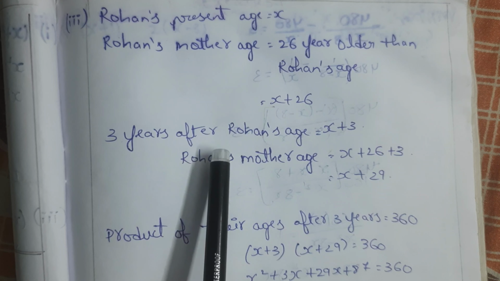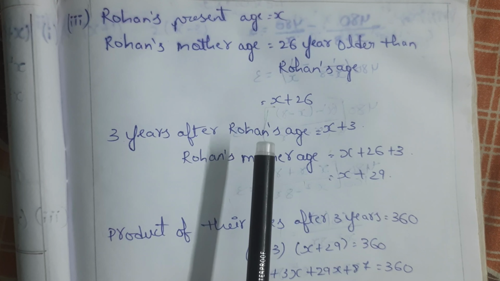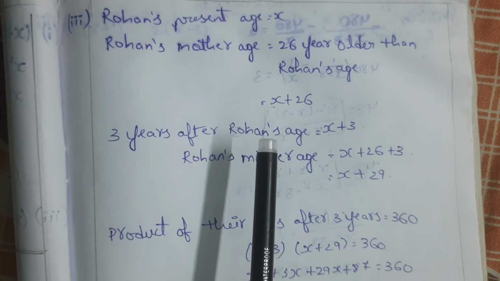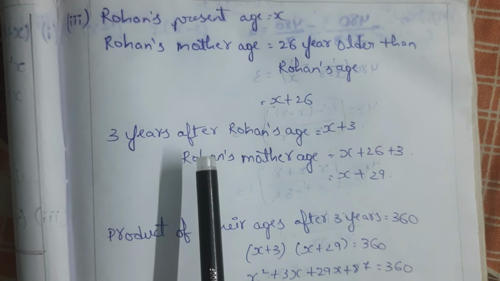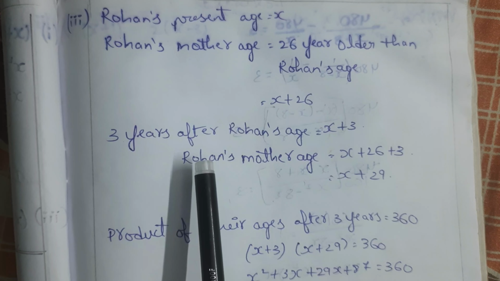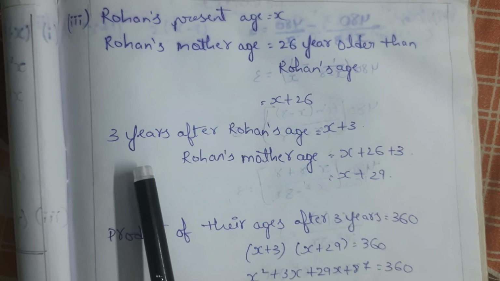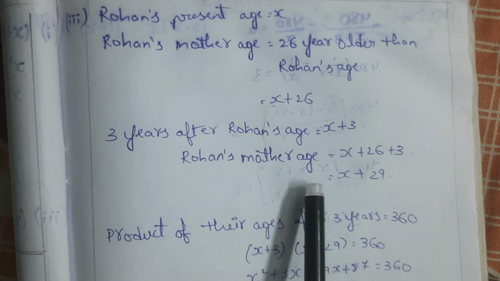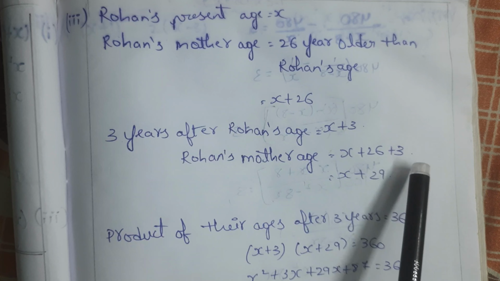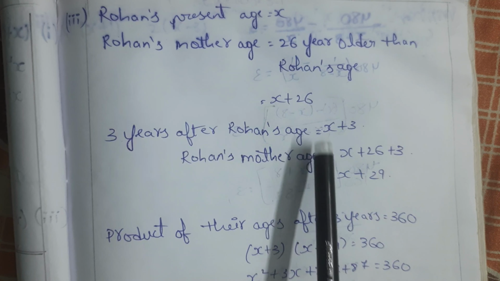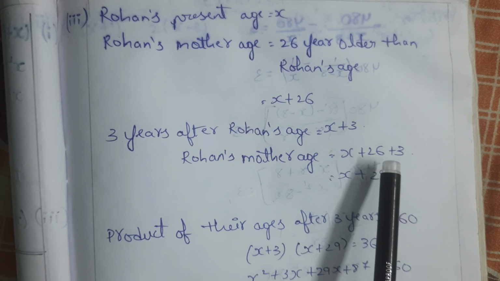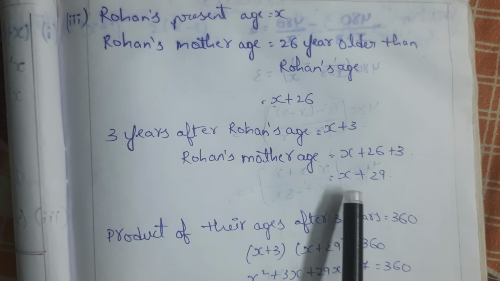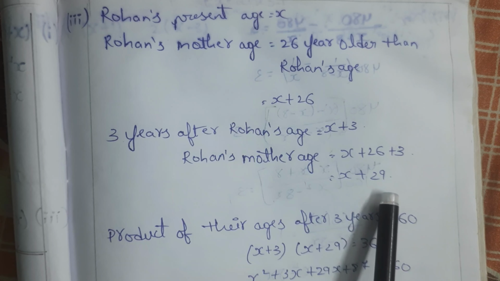Three years after, or from now, Rohan's age is x plus 3, and Rohan's mother's age is x plus 26 plus 3, because for both 3 years will be added. That's why it is x plus 29.